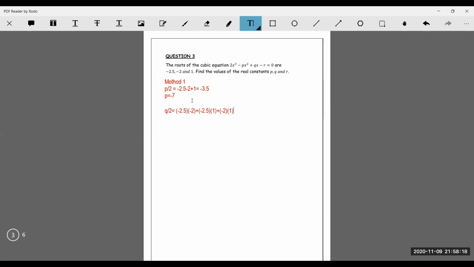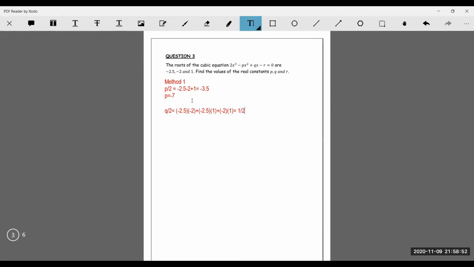So that's Q over 2, and Q over 2 works out to be negative 2.5 times negative 2 plus negative 2.5 times 1 plus negative 2 times 1. All right, my calculator fidget a while ago, so minus 2.5 times 2 plus negative 2.5 times 1 plus negative 2 times 1 works out to be a half.